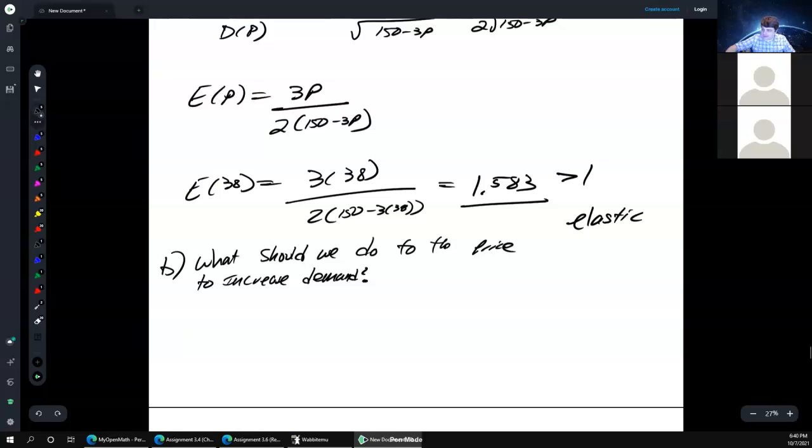And this goes back to what we kind of said earlier, which is anytime we're elastic, if we want to increase demand, this is a real simple one. We just need to decrease the price.